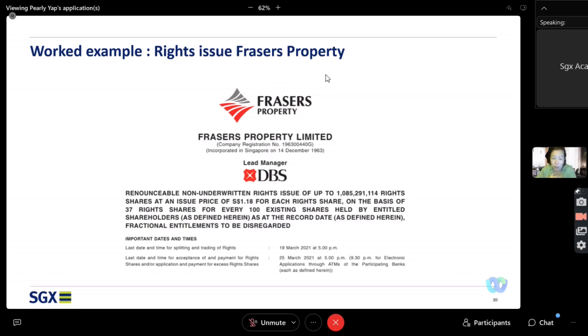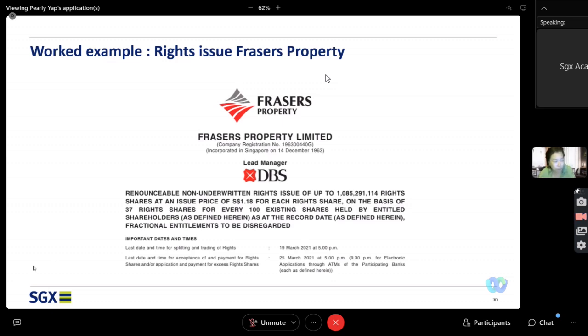Me as a shareholder, I'm entitled to the rights, and I must pay $1.18 to Fraser Property because Fraser Property wants to raise money, wants to get money into the company. In this case, it's not doing a placement, it is doing a rights issue, meaning that it's only placing it out to existing shareholders in the ratio of every 100 shares, you get 37.